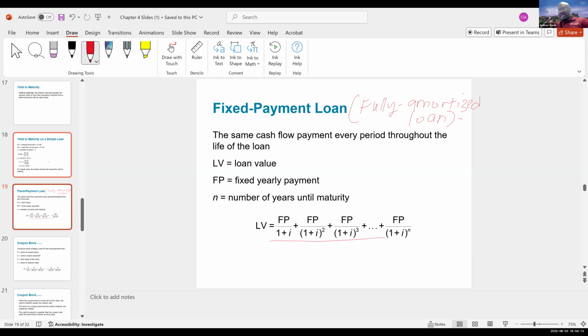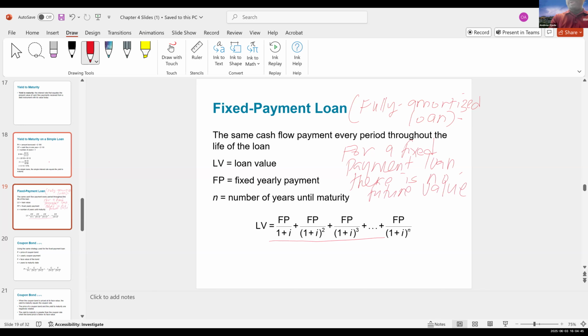So I want you guys to analyze that, that's what a fixed payment loan is. Student loan, once you finish your college, you're going to start making monthly payments on your student loan until you fully pay off your loan. And one thing that is true for a fixed payment loan is that there is no future value. There is no future value.